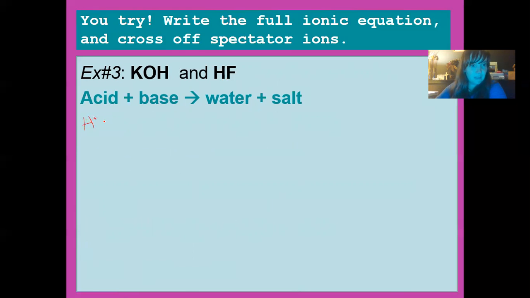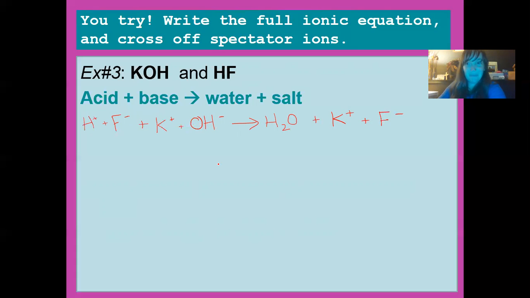H plus F minus. Okay, our base is KOH, so that'll be K plus OH minus hydroxide. Makes water, H2O, and the salt, so that'll be the K and the F, but split apart still.